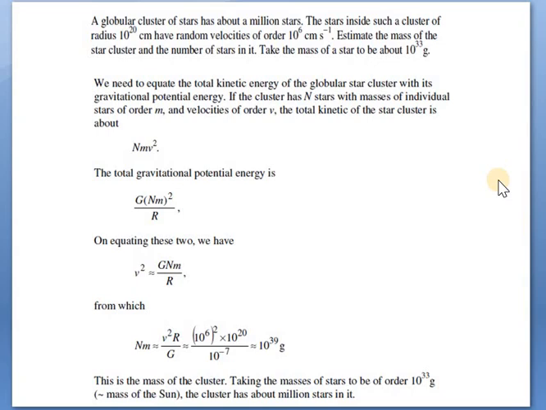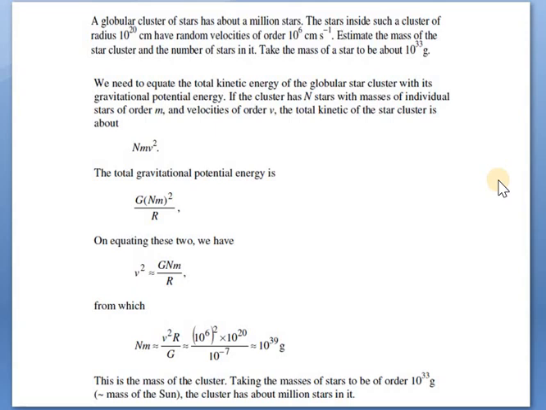We have given you a rough estimate of the random velocity, of order 10 to the power 6 centimeter per second. Now, using the Virial theorem, if I ask you to estimate the mass of the star cluster and also the number of stars in it, considering the average mass of a star to be 10 to the power 33 gram, then how do we do it?